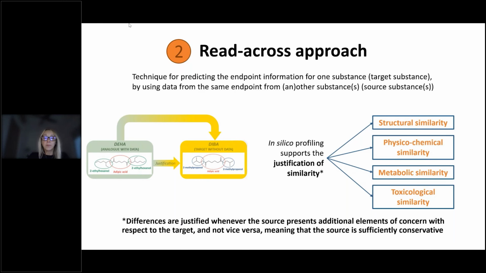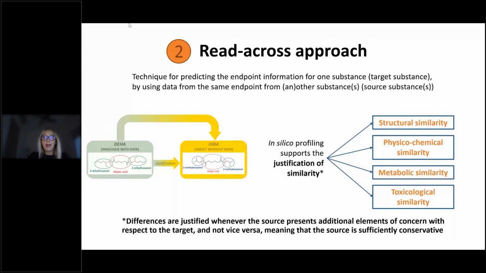The read-across approach is based on two key elements. The first one is the hypothesis of the approach and the justification of the approach. The hypothesis of a read-across approach is that the property, the endpoint of the target chemical, can be inferred from the available data of one or more source compounds. And this indeed involves the identification of similar suitable analogues.